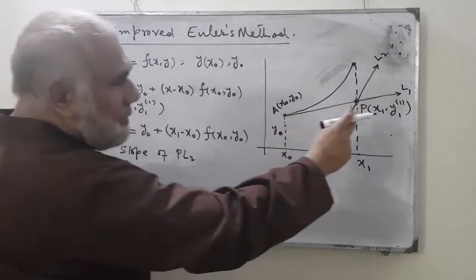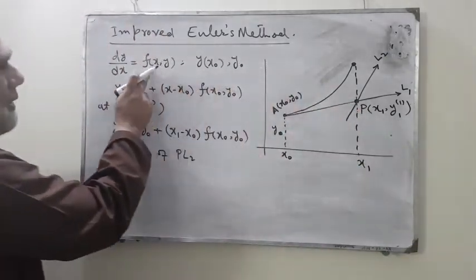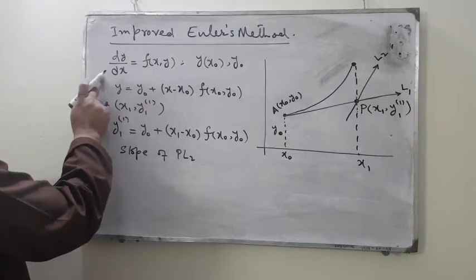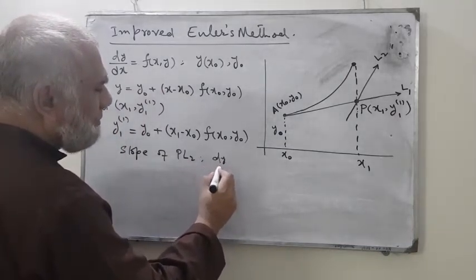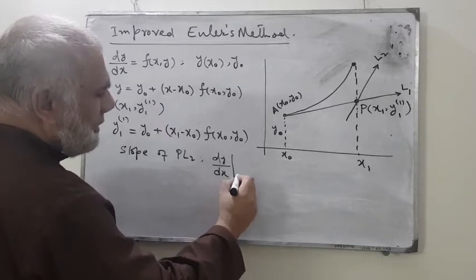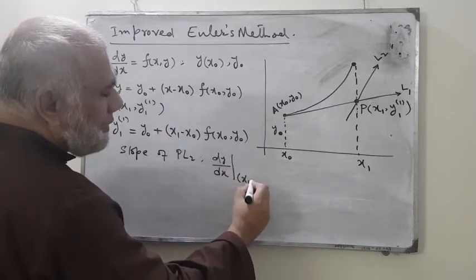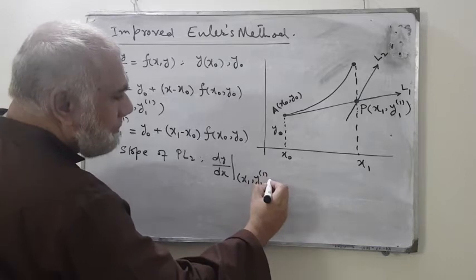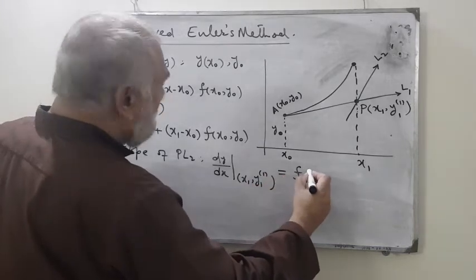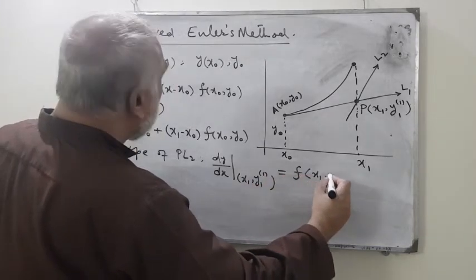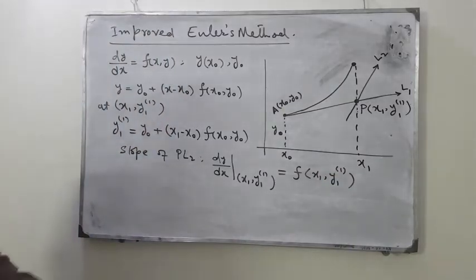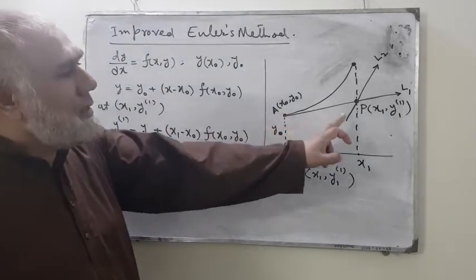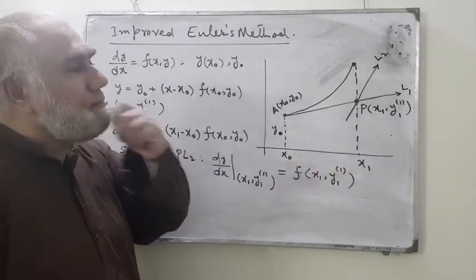So the slope of PL2 will be dy/dx at the point having coordinates x1, y1,1, which equals f of x1 and y1,1. So this is the slope of the tangent line at the point P.